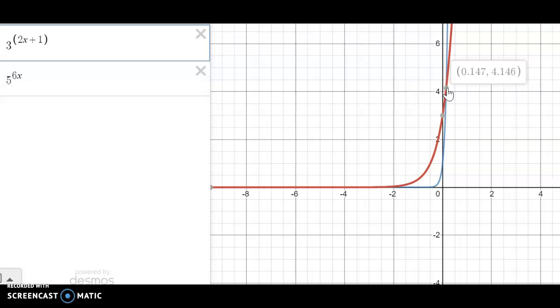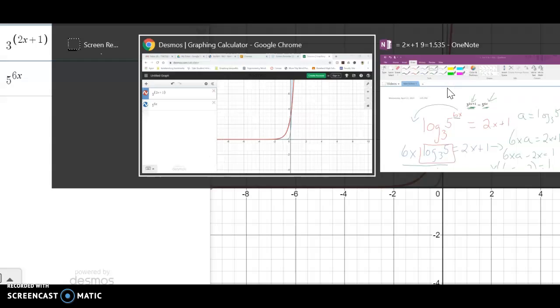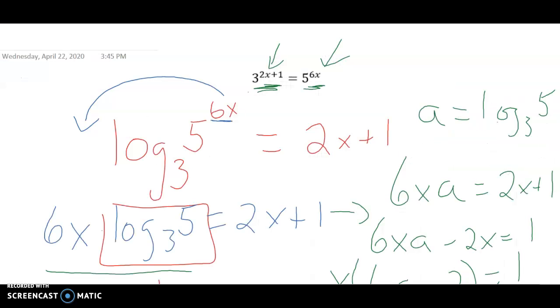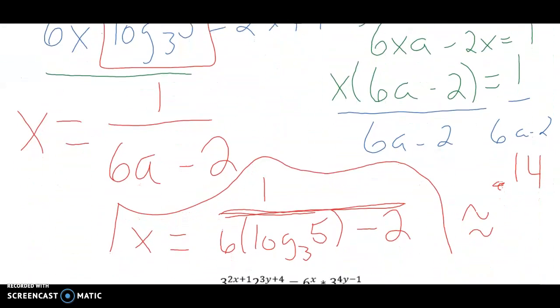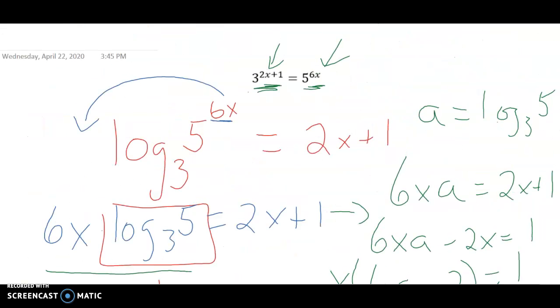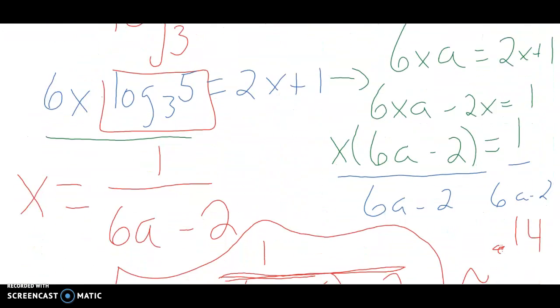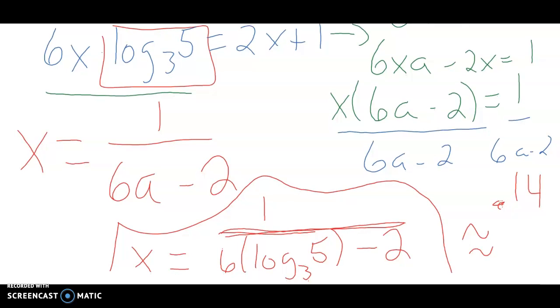But the exact answer was this guy right here, 1 over, don't spoil the fun yet for the next one. Okay, so try out the problems that were similar to this. Once you get those, then come back for the next more challenging question.